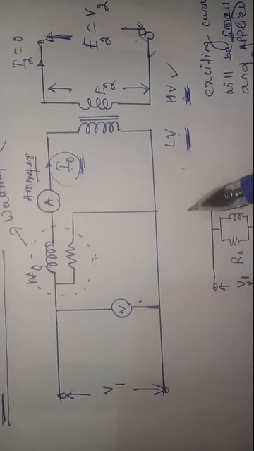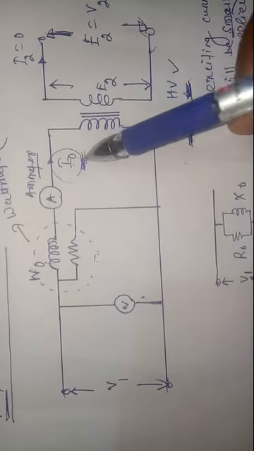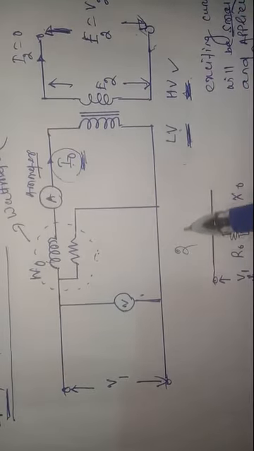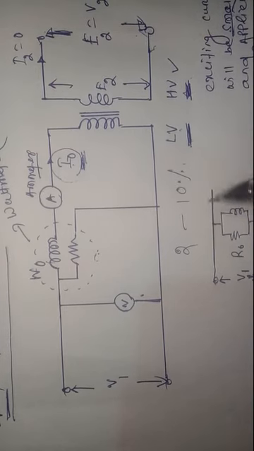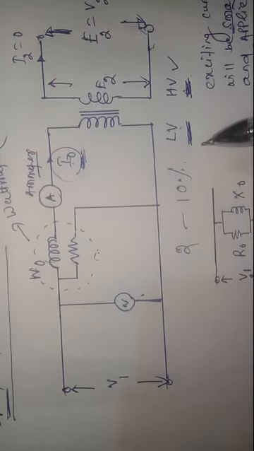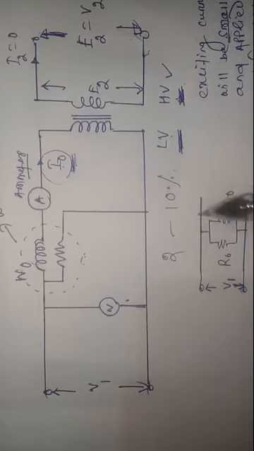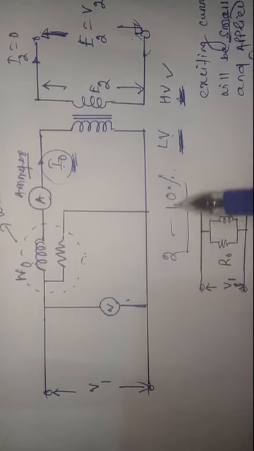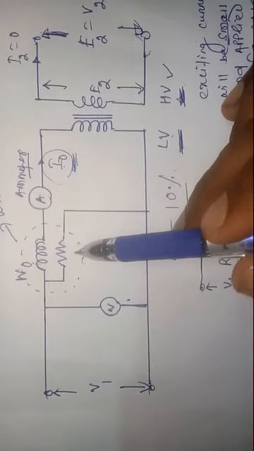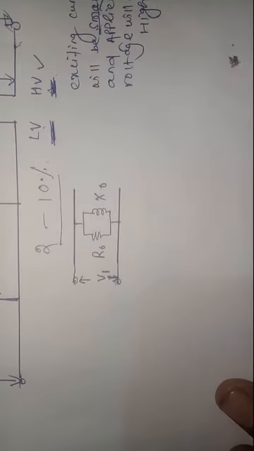Once again, as the no load current I0 generally lies in the range 2 to 10%, the no load copper loss is generally supposed to be absent or is neglected. So the wattmeter only reads the iron loss.